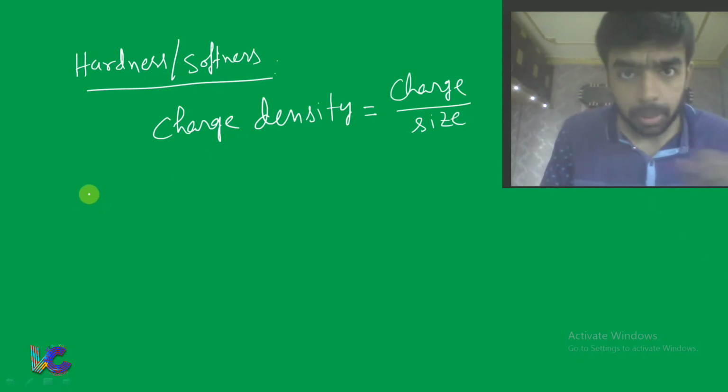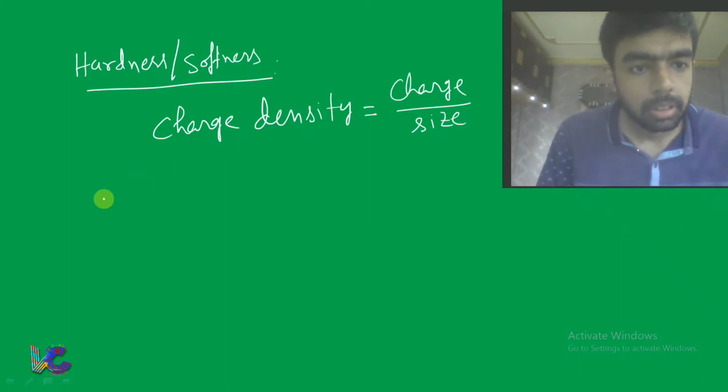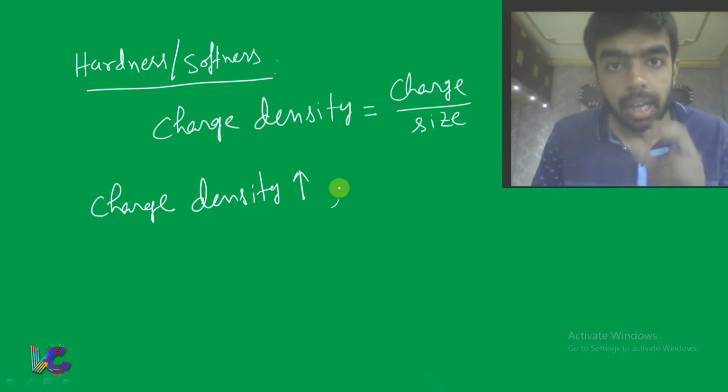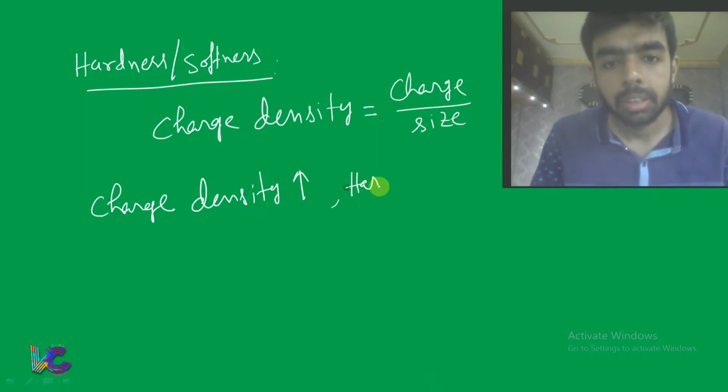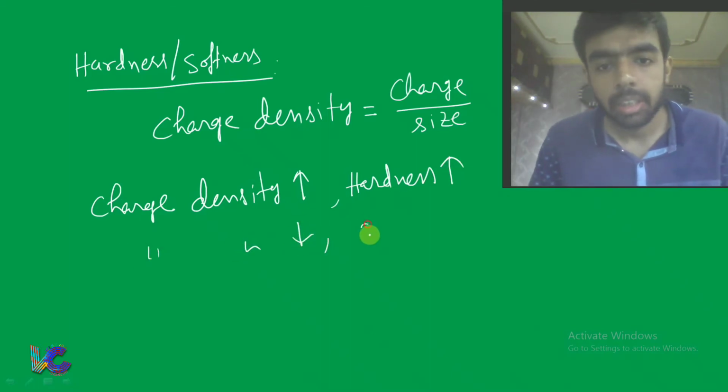Now if the charge density is higher, we can say it is hard. That means if the charge density increases, hardness increases. If the charge density decreases, softness increases.